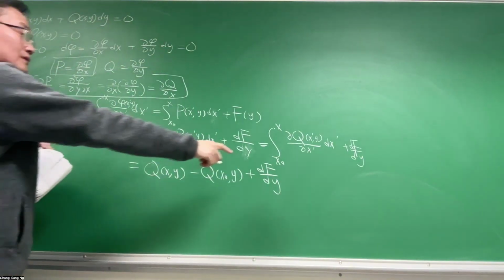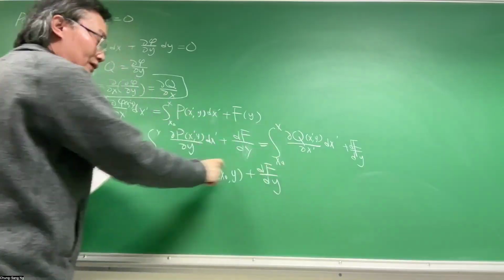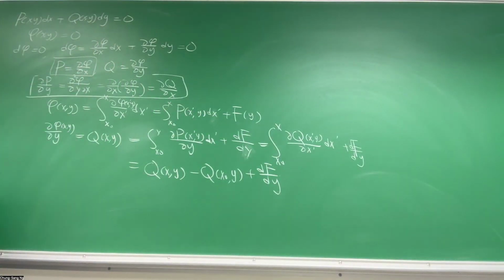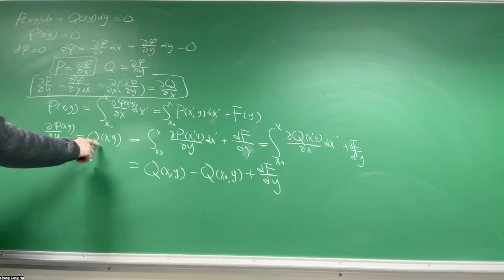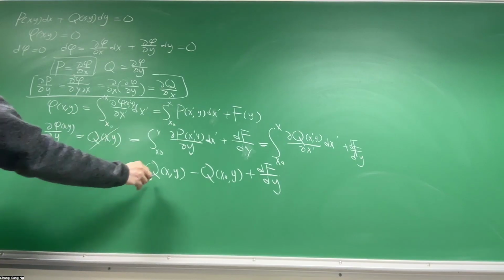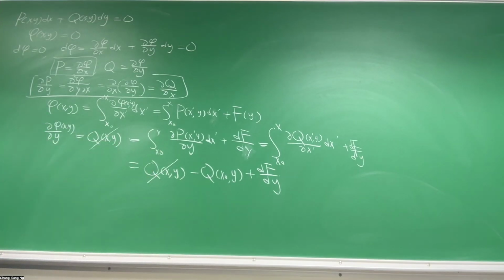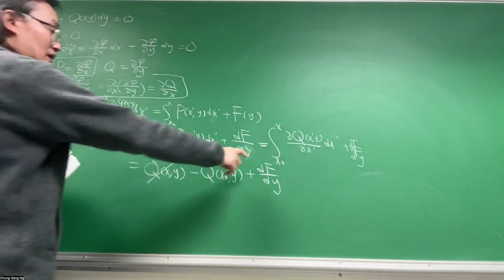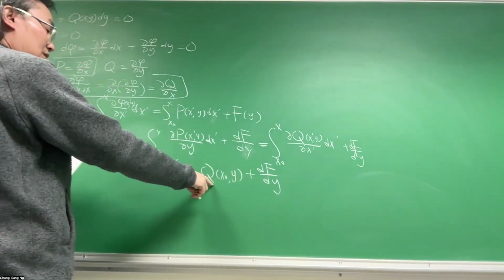You see what I'm doing? This is a total derivative, and then you evaluate the two limits. But then you realize that you can cancel the left-hand side with the first term, and then df/dy is just equal to Q.